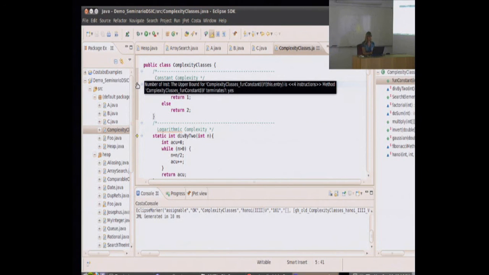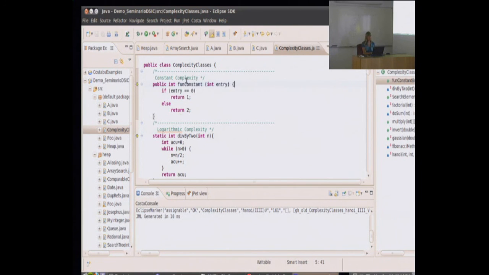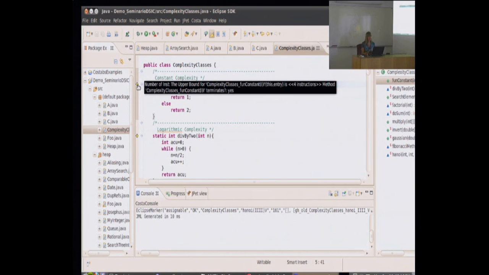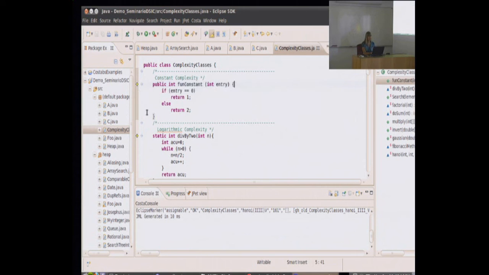For example, this is a trivial function which just has an if-then-else, and the upper bound that it infers is 4 instructions. It's a constant number of instructions, just 4. It also tells me that it terminates, yes, it always terminates. Okay, this is a trivial example.